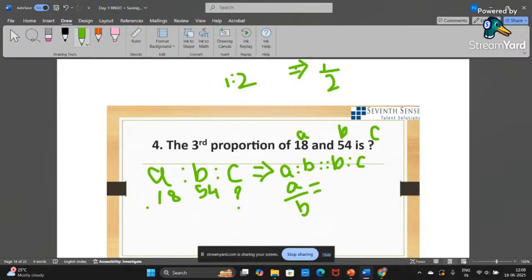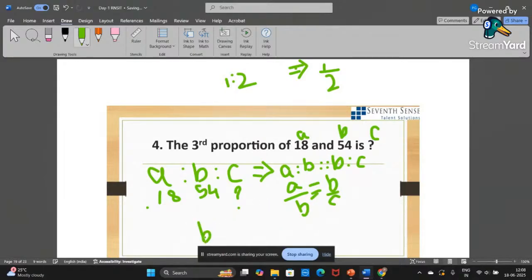I told you before while explaining. And B by C. Now we have A and B, we need to find the C value. Just modify this. Just do the cross multiplication and get the equation.